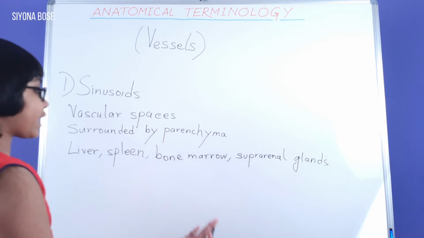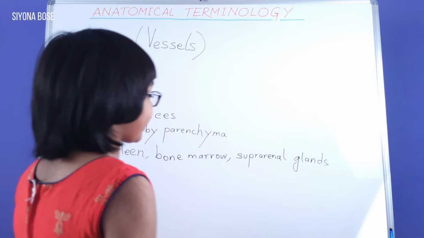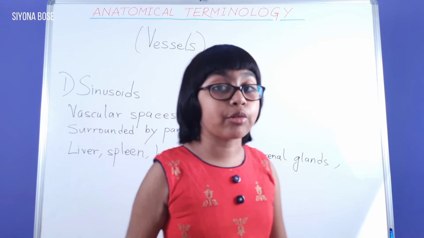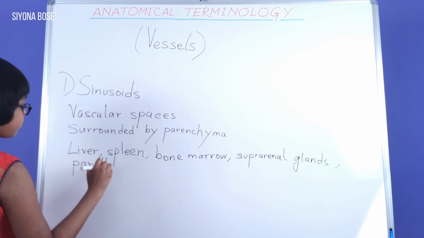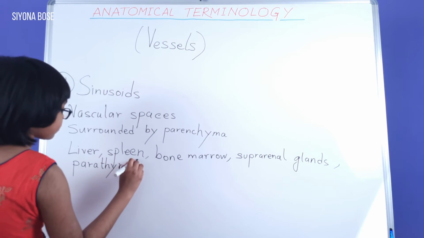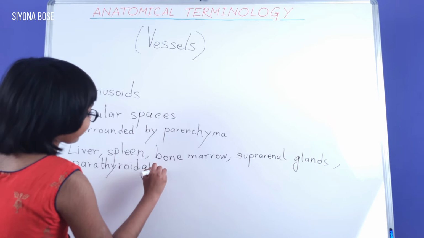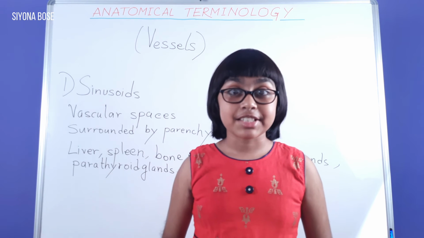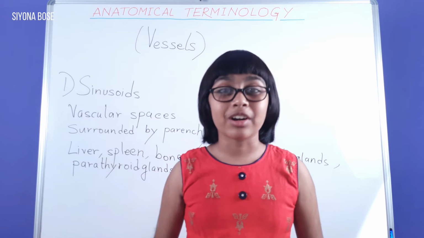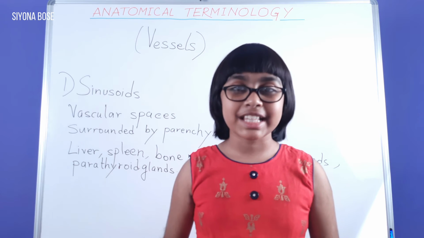The suprarenal glands are glands present on top of the kidneys, and also the parathyroid glands. That was all about sinusoids, so now you may take a look at the board once again. Moving on to our next few terms.